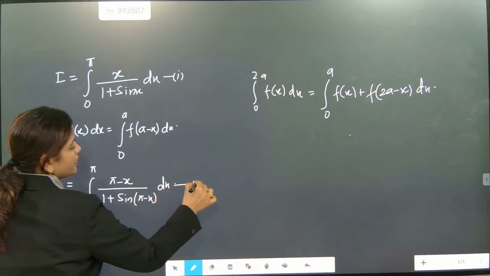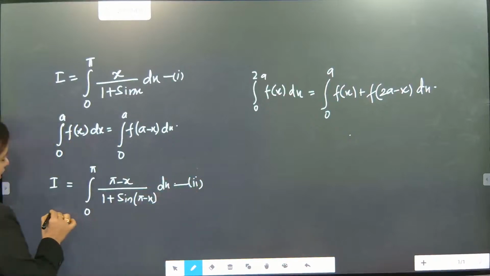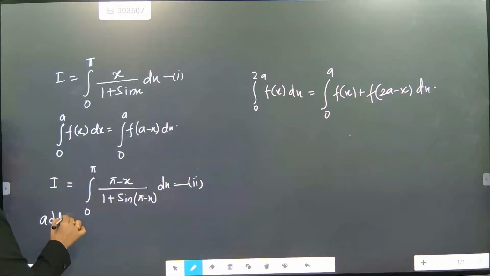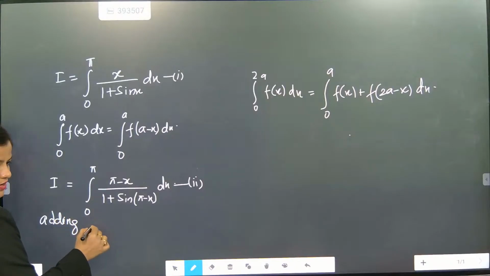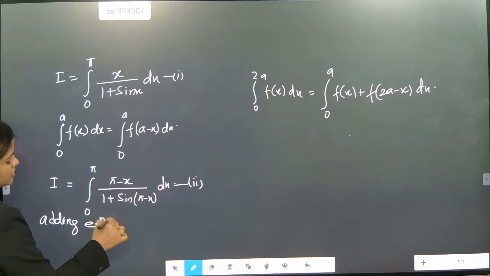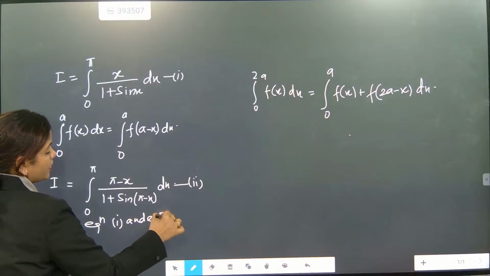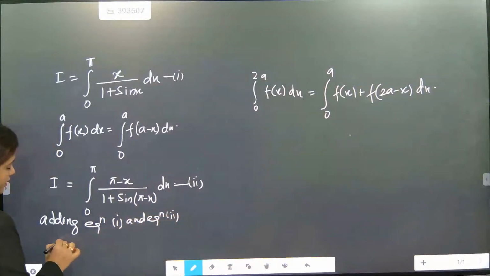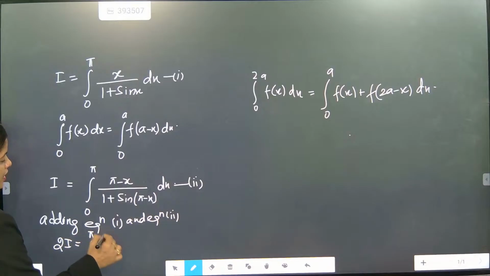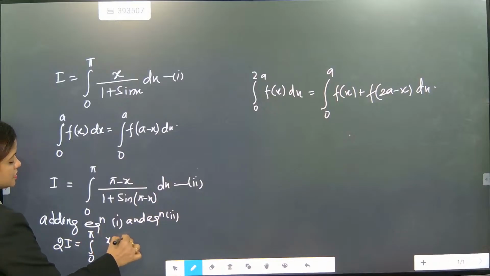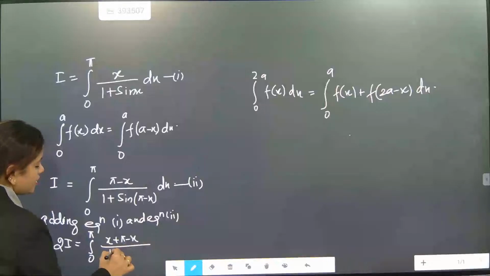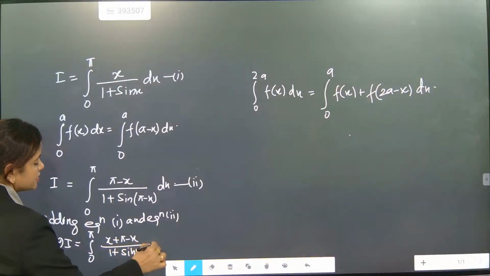Now this one will become equation number 2. Adding equation 1 and equation 2, it will become 2I is equal to the integral from 0 to pi of x plus pi minus x by 1 plus sin x dx.